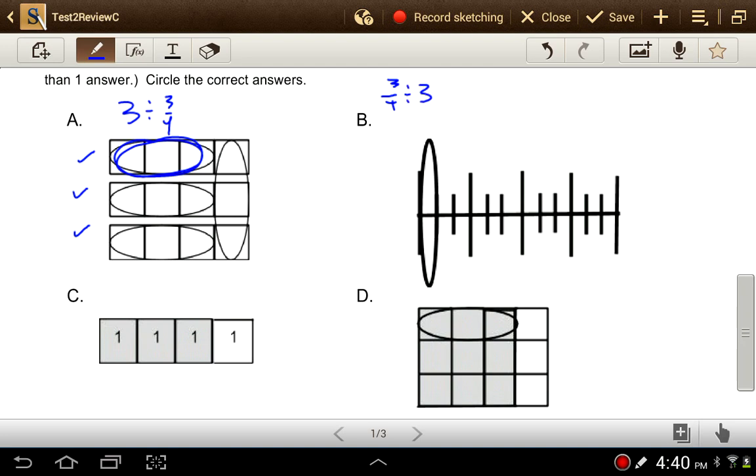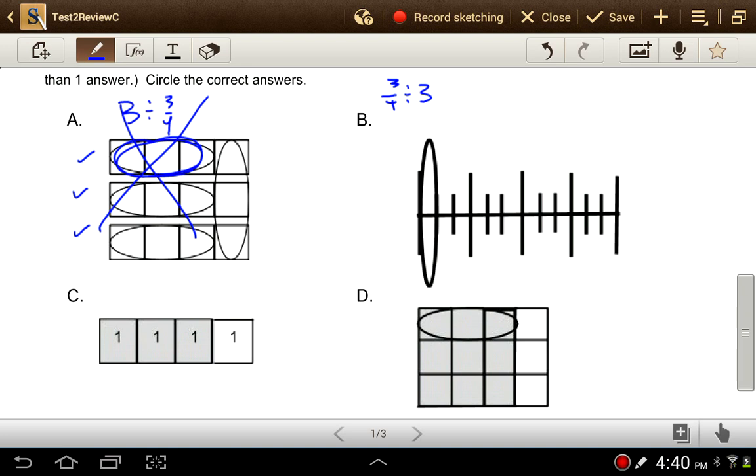Not the same. So A is out. B, I have my 3/4 here, and I have my 4 sections, and I'm taking my 3, and I broke each section into 3 parts. So what I have here is a depiction of 3/4 divided by 3. I've made each section into thirds.